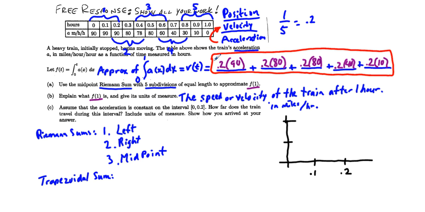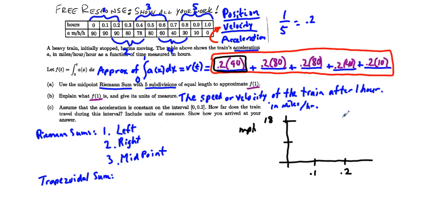If we go up here to where we put in our Riemann sum, our first thing, 0.2 times 90, we know we're going to be going 18 miles per hour after 0.2 hours.